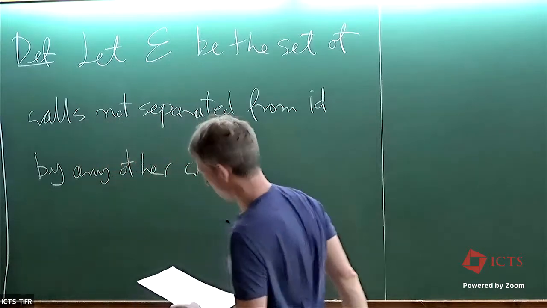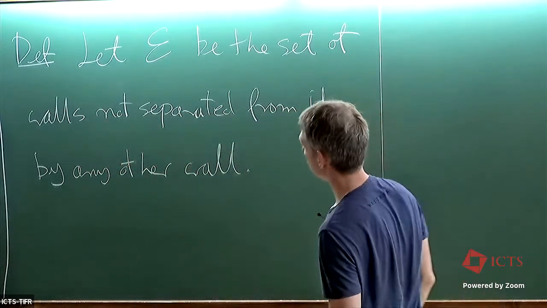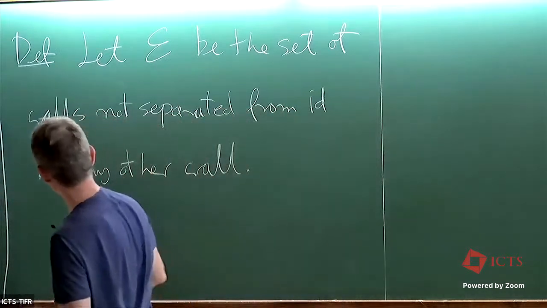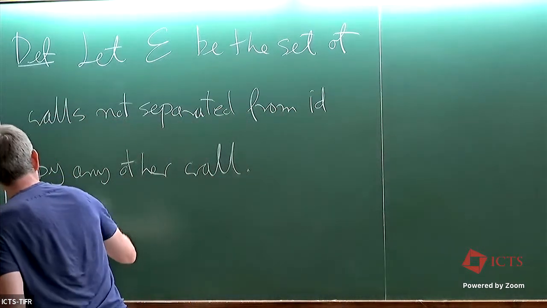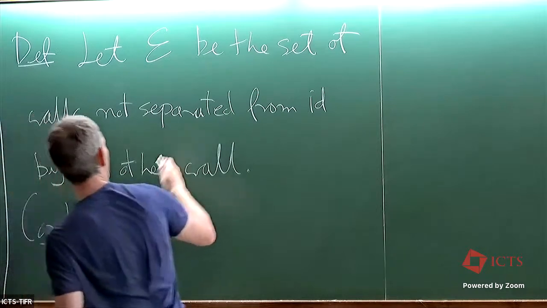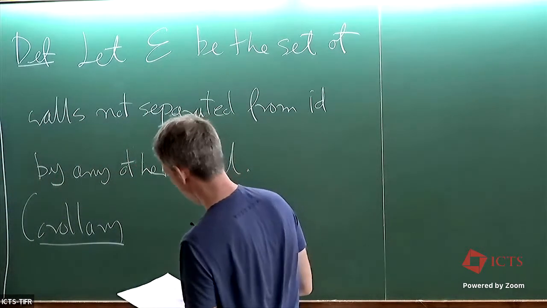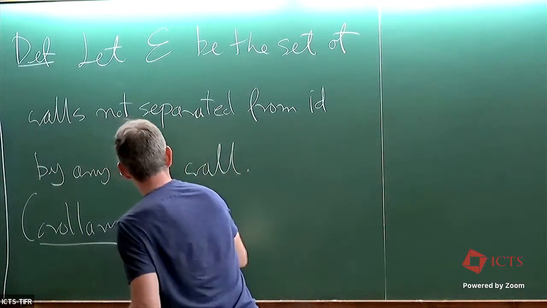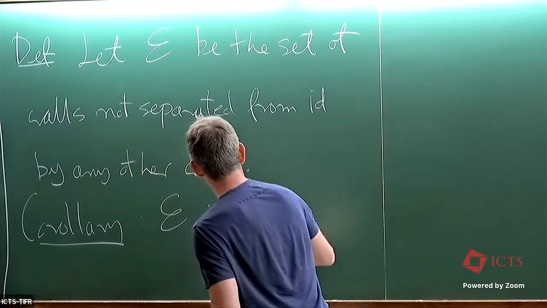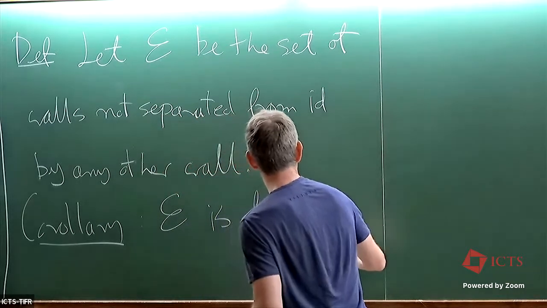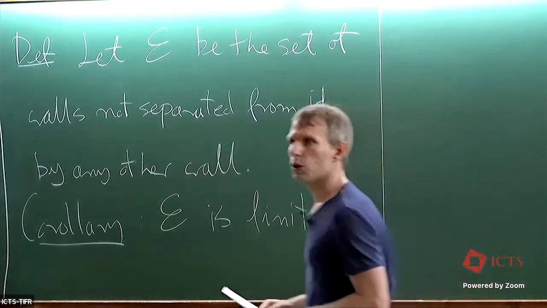So all the walls closest to identity. And by the parallel wall theorem, we have the corollary saying that these walls are at bounded distance from identity, so that this set epsilon is finite. Questions?